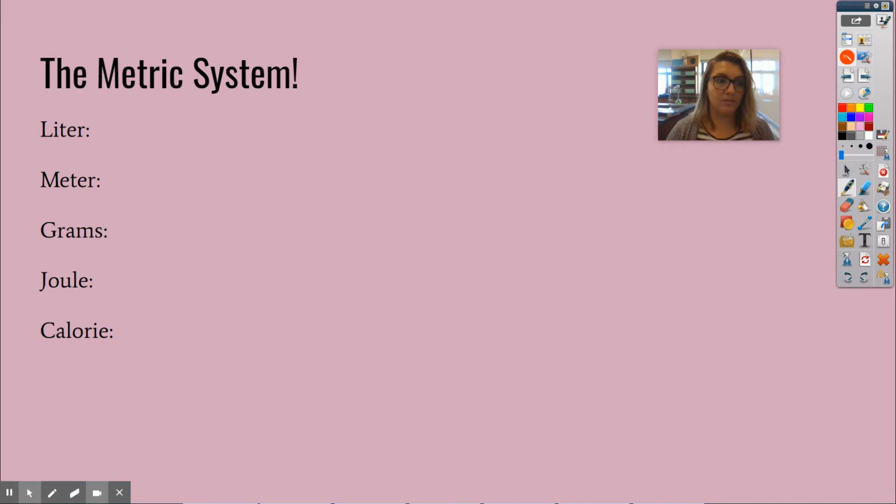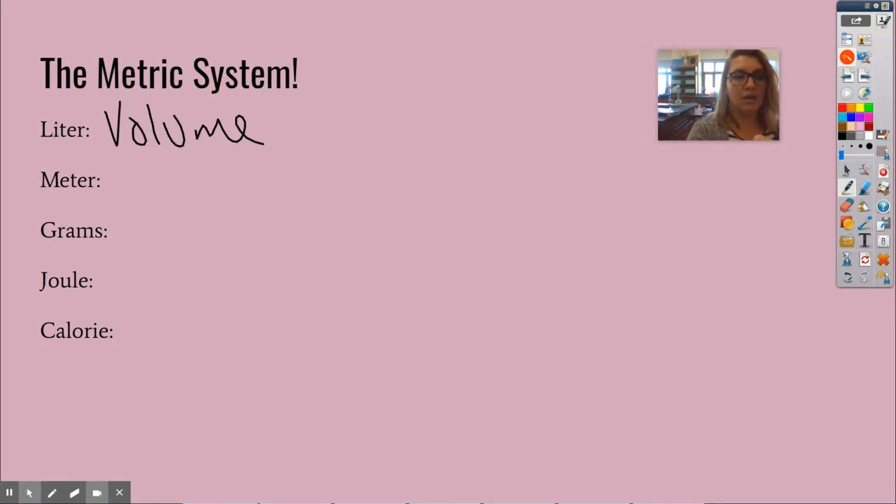All right, so the metric system is broken down. There's different units that we can use. So we have liter, which is going to be volume, and the imperial system, or what we use, equivalency, would be like gallon. And within that, then we have cups, that kind of stuff. Meter, this is distance. This is similar to our mile.